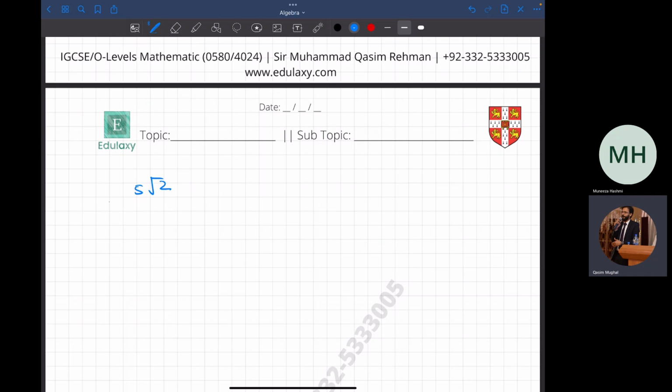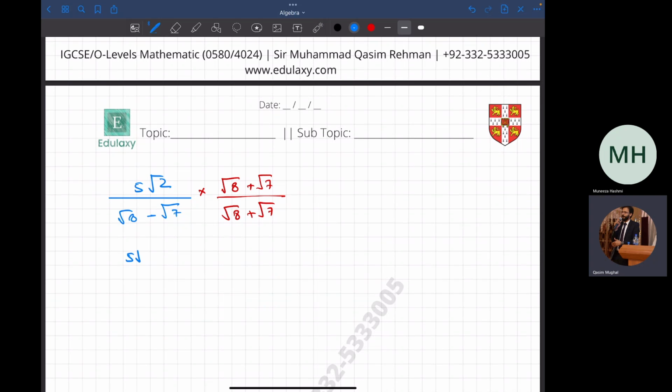So let's just say you have 5 root of 2 over root of 8 minus root of 7. Now in order to rationalize this, I'll be multiplying it with root of 8 plus root of 7 over root of 8 plus root of 7. Okay? Now in the numerator, I have 5 root of 2 times root of 8 plus root of 7.